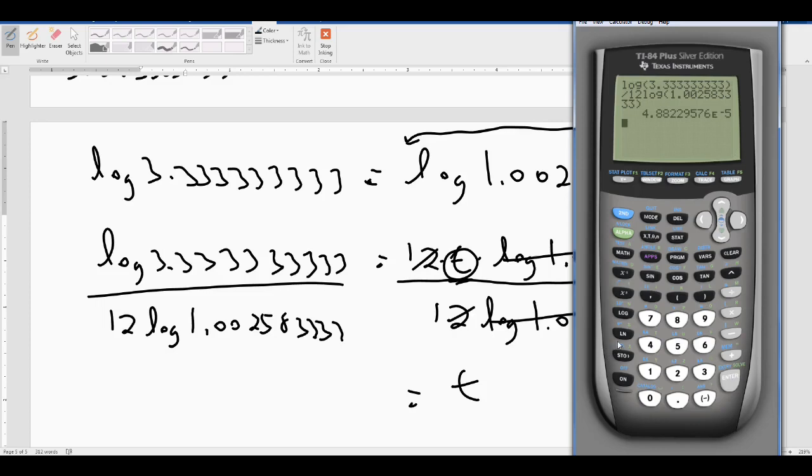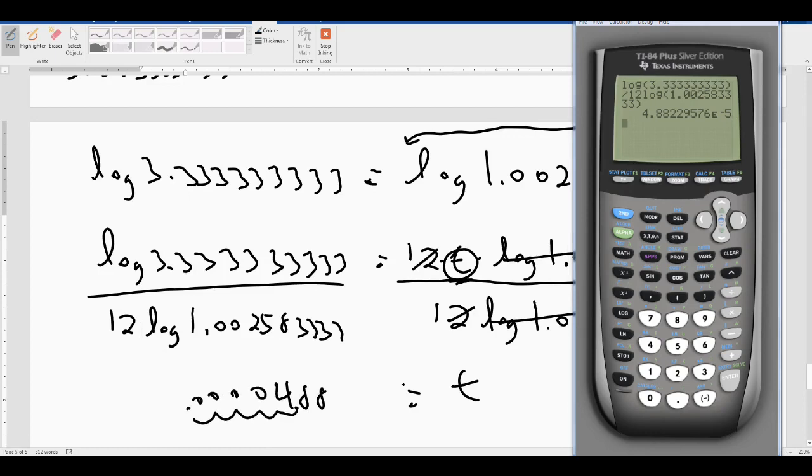And we get a strange looking answer. When you look at that answer, it has e to the negative 5, which I don't like the answer whatsoever, to be honest about it. There's a decimal there, that means that's scientific notation, so you move that 5 places to the left. 1, 2, 3, 4, 5. And that's the answer for the time, which makes no sense at all for this example. But hey, it is what it is.